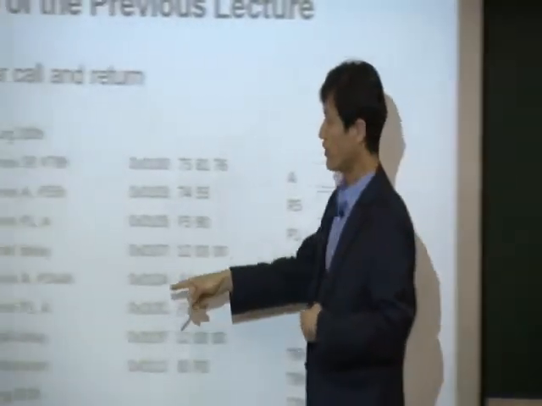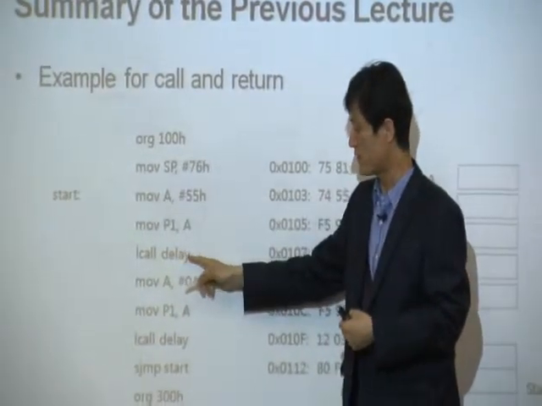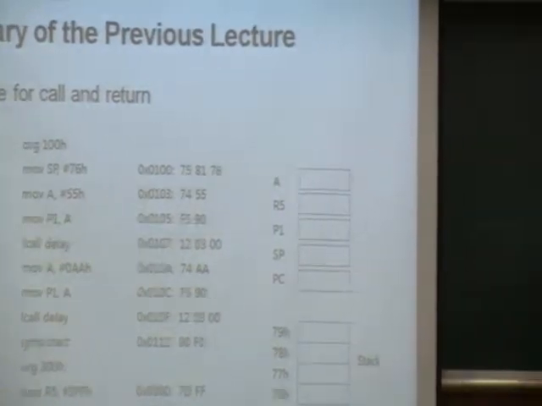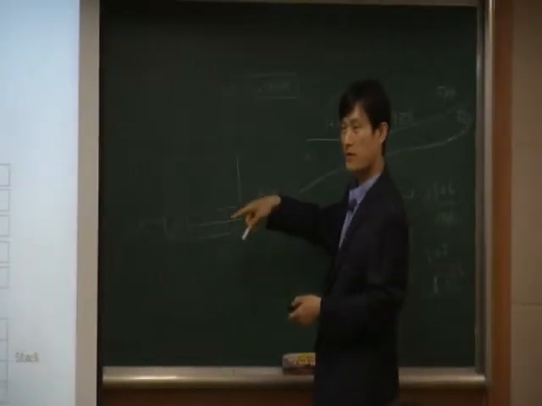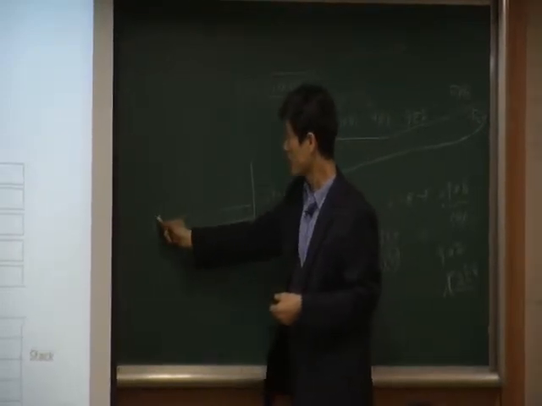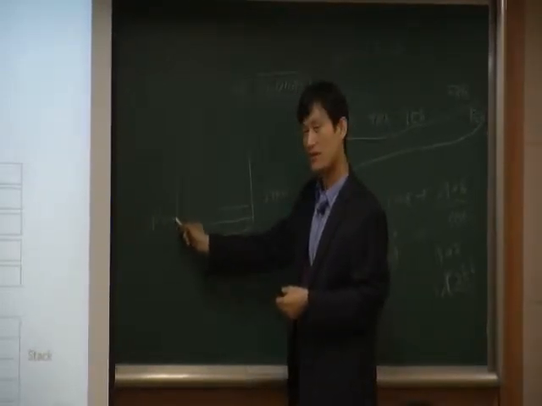Now, we want to execute this call delay, so I want to jump. But before the jump, I want to copy this program counter value into the stack. Before you do that, what do you need to do? Right now, the stack pointer is pointing here.